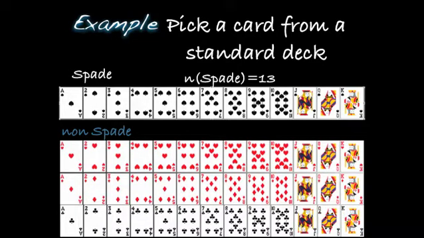This is a picture of all the non-spades in a deck of cards. You got the hearts, you got the diamonds, and you got the clubs. Notice if there's 52 cards in a deck, 13 of which are spades, that means that there's 39 non-spades in a deck of cards.